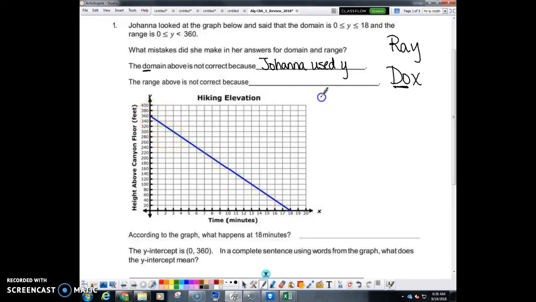Remember, if it's a filled in circle, it's lined, and if there's an empty circle, there's no line at the bottom. Usually, if there's no circle at all, you go with this one. But since this one doesn't have an empty circle, this is not correct. So the range above is not correct because 360 should be included.